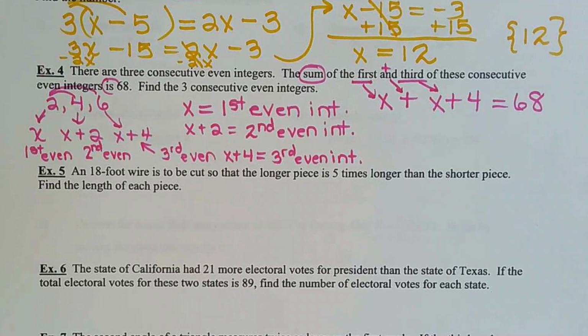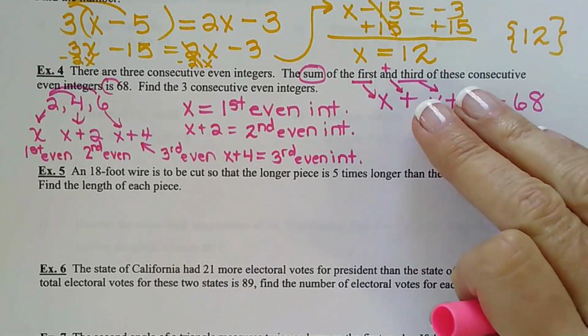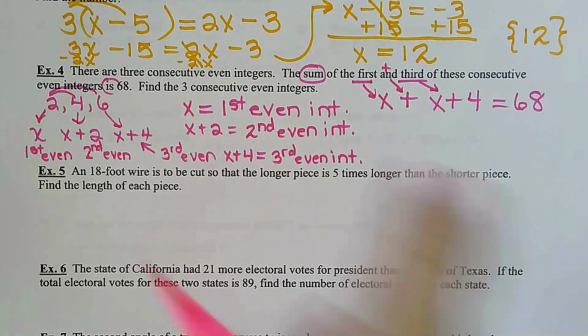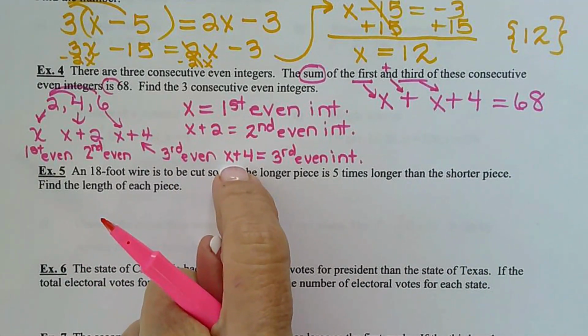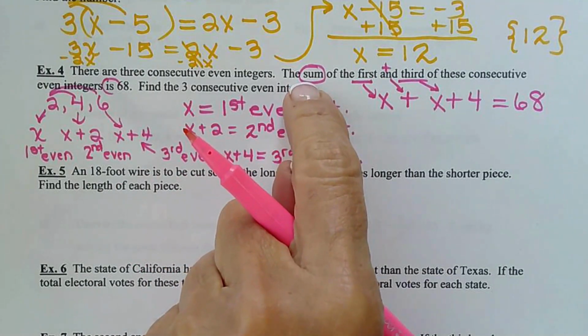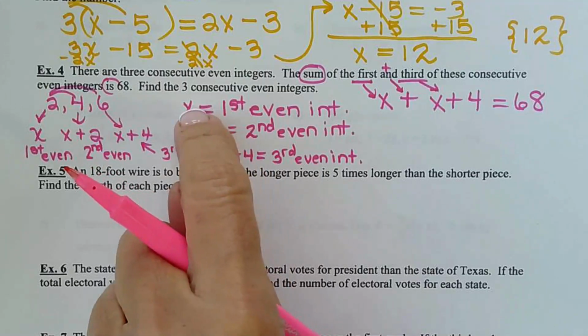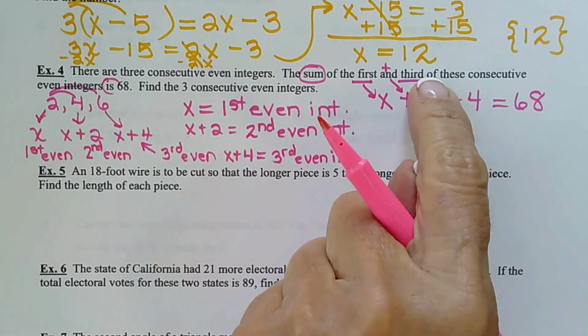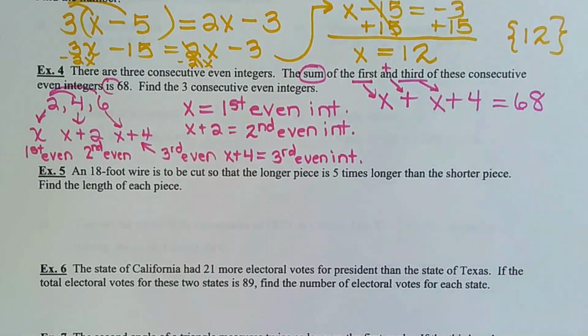It says adding the first, which is x, and the third, which is x plus 4, gives you 68. So be careful with that.